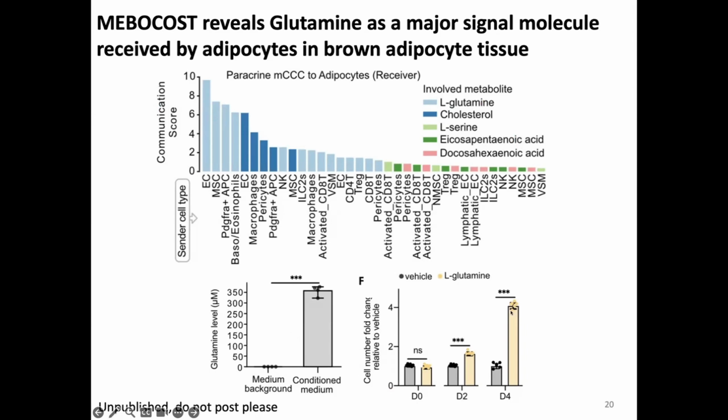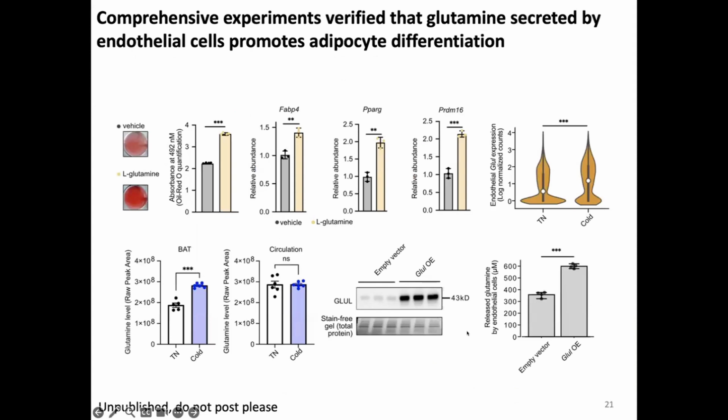Also, we treated the adipocyte progenitor cell with glutamate and found it can significantly promote the proliferation of the adipocyte cells. Next, we further tested whether glutamate can promote adipocyte differentiation.